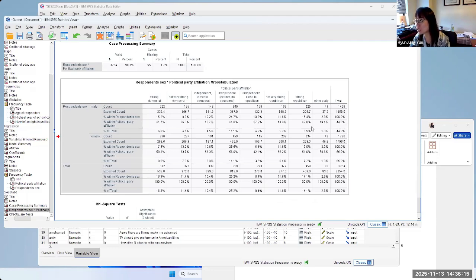Using the row percentage, females are a little bit more strong Democrat and a little bit more not very strong Democrat. And males are, as expected, a larger percentage of strong Republican, but also still more likely to be Republican.